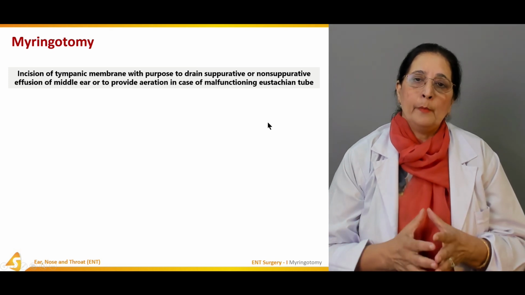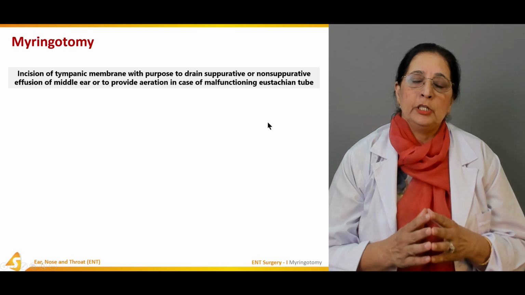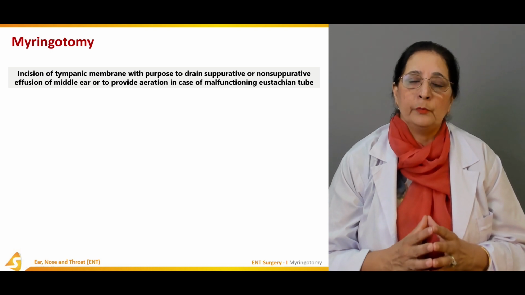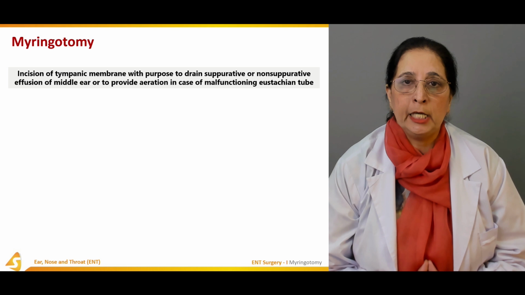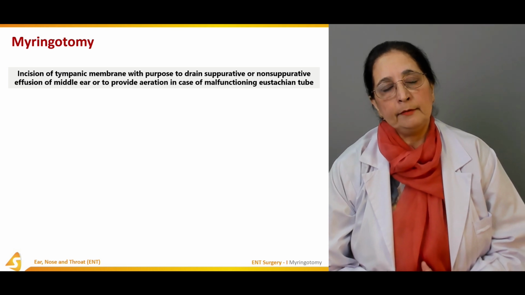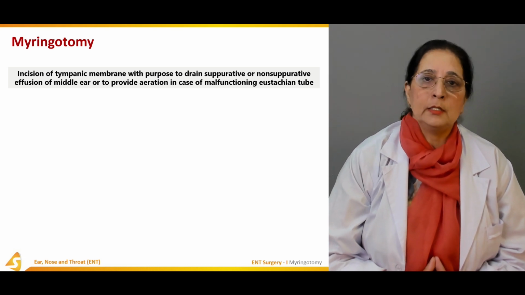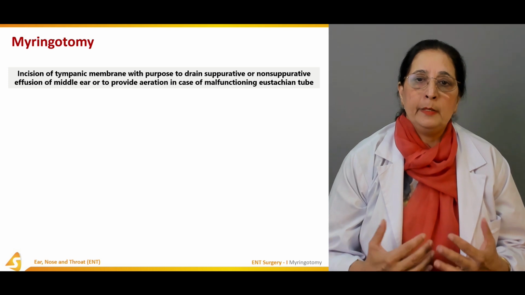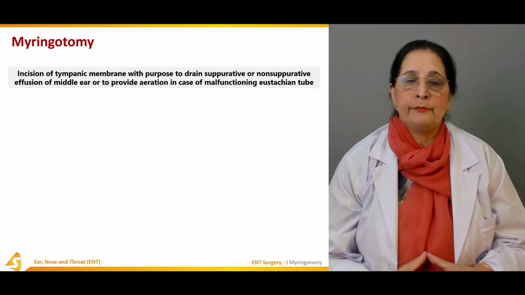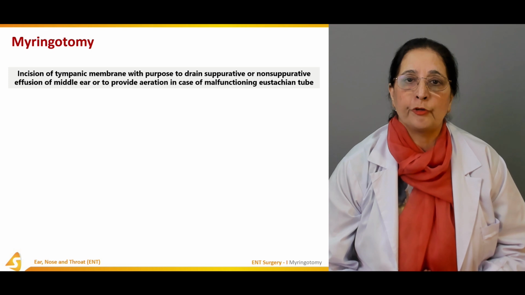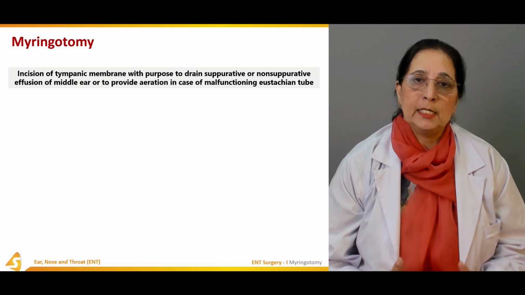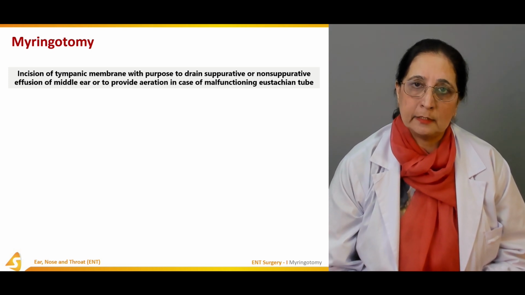So a very common indication or use of myringotomy is in the drainage of suppurative or non-suppurative effusion, which may be pussy or serous effusion, usually present in case of otitis media.